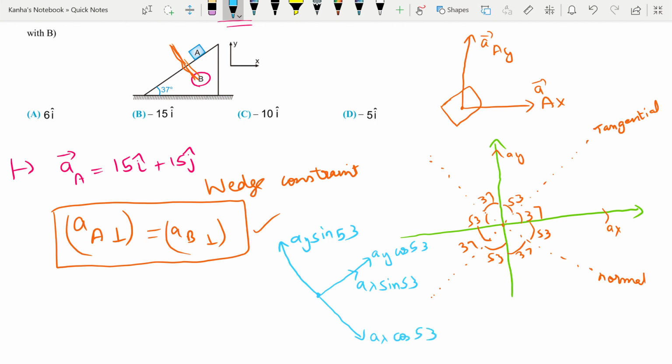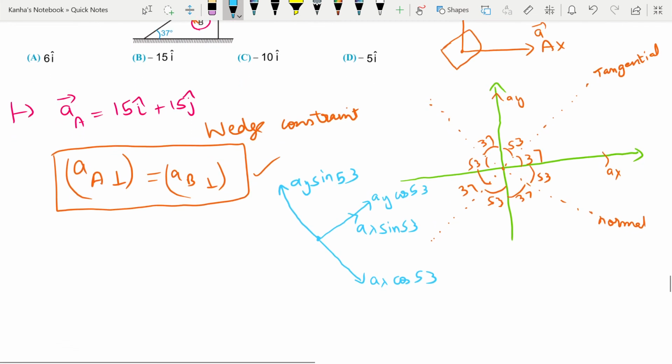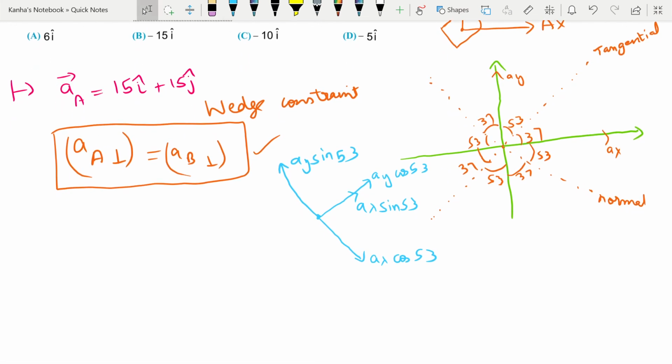Okay, this is for the block itself. That implies AX cos 53 minus AY cos 37 is equal to AB cos 53.